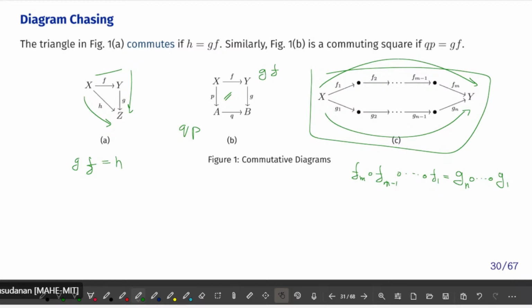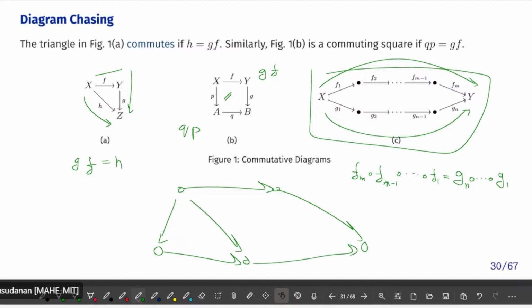That is the meaning of commuting diagram: every such sub-diagram commutes wherever you can find it. Maybe you have to look very carefully because of the triangle here.